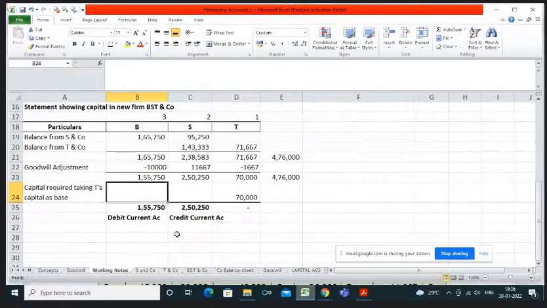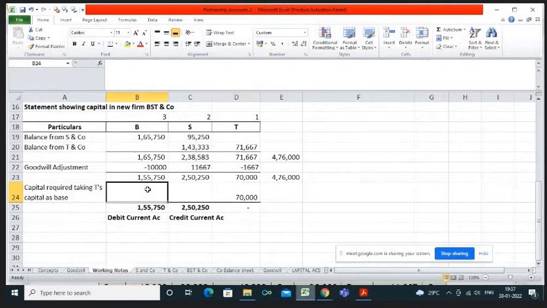Now we have to take T's capital as a base, and based on that, we have to work out the other partners' capital. T has a profit sharing ratio of 1, and his capital is 70,000. So we will take this 70,000 as a base and find out how much capital is required for the other partners so that they are in line with T's capital.